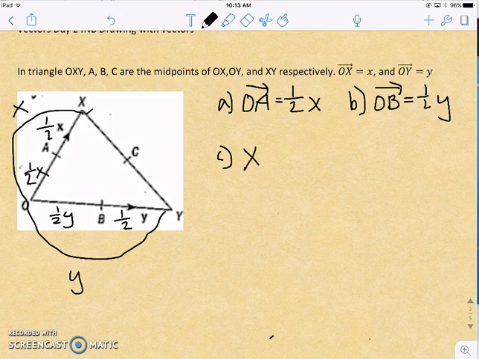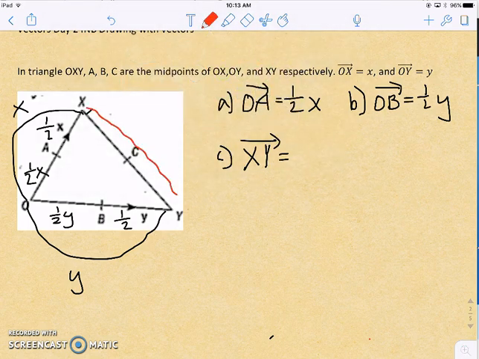Let's say we want to find X to Y. So we're trying to find how do we get from here X to Y. And we don't know any of those lengths, so we have to use the ones we know. So to get from X to Y, we start at X, and we'd have to travel these paths because we can't go straight there because we don't know that distance yet.